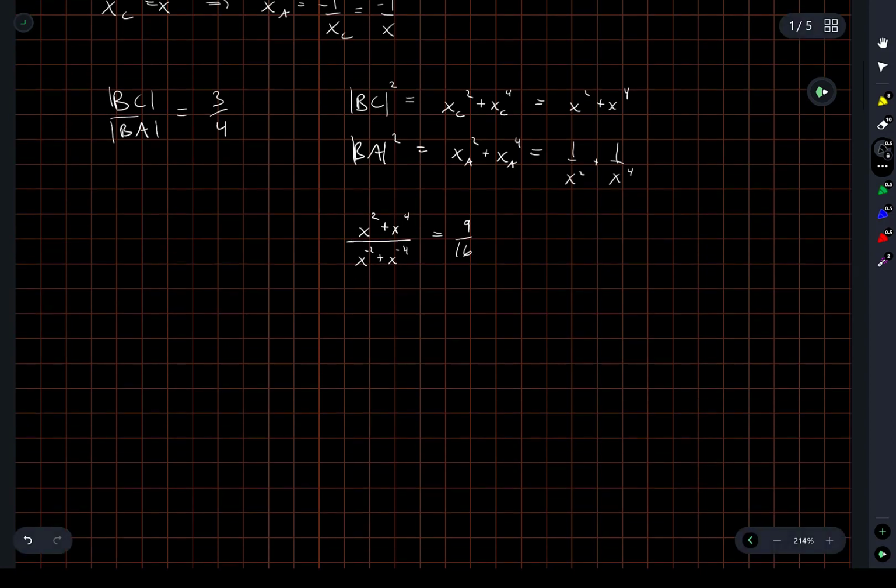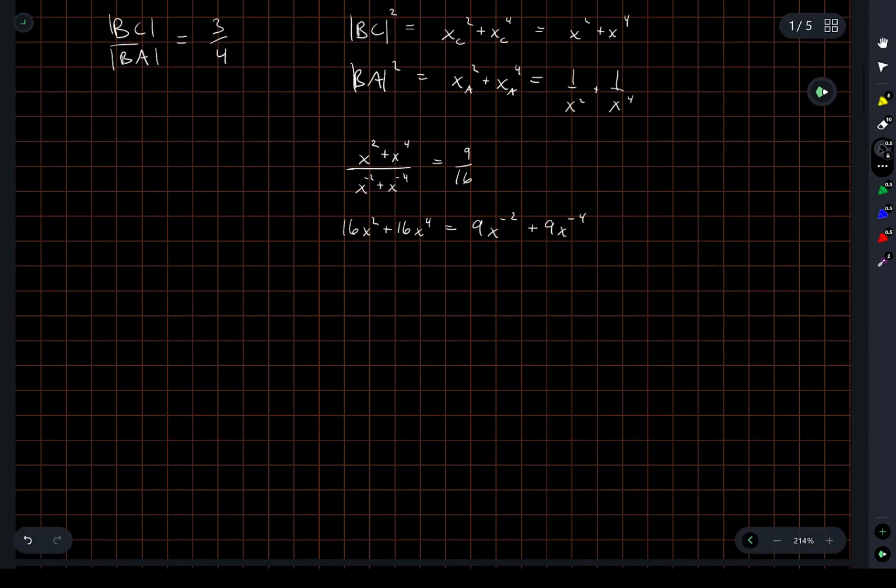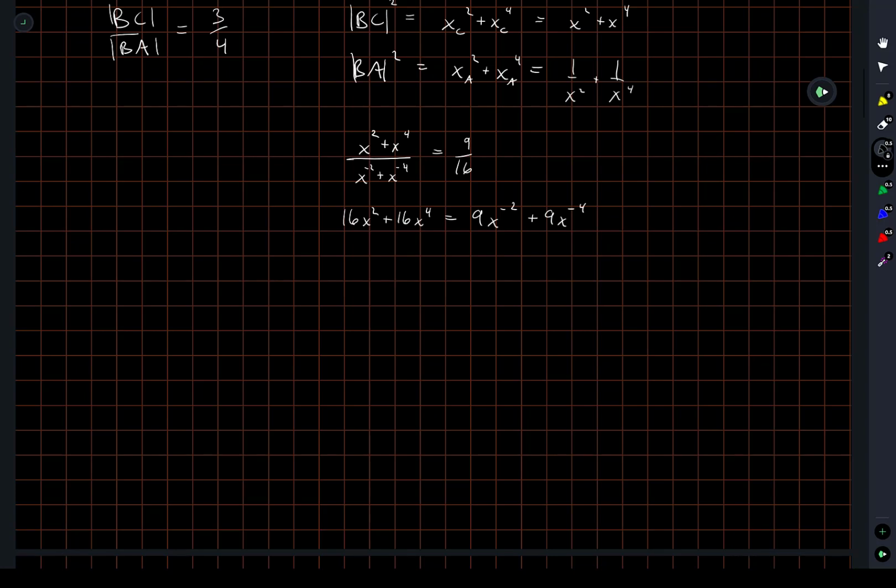This looks like it's getting messy. 16x squared plus 16x to the 4 is equal to 9x to the negative 2 plus 9x to the negative 4. Oh, wow. Okay, I'm going to multiply through by x to the 4 and see what happens.